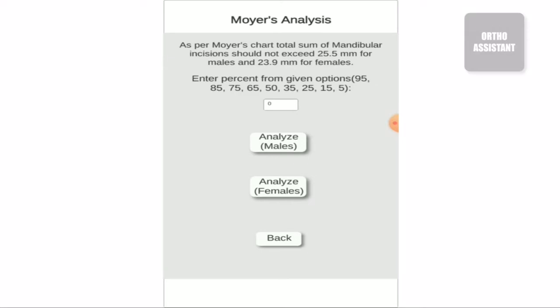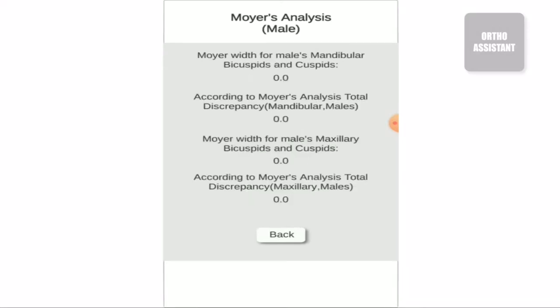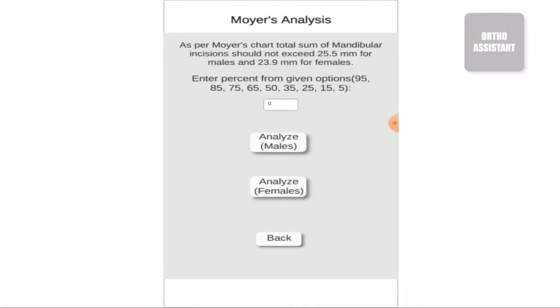Now it is available for males. It will give you the combined cuspid and bicuspid widths in the maxilla and the mandible, also the discrepancy according to the calculated combined width of cuspid and bicuspids. It will come for males as well as for females.